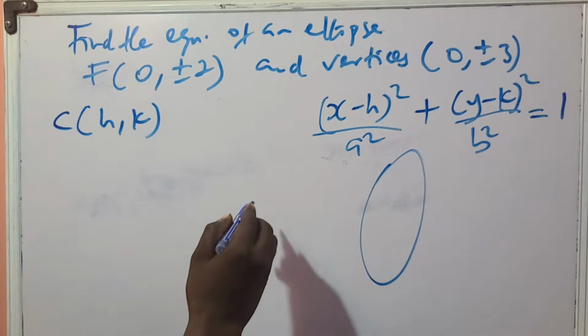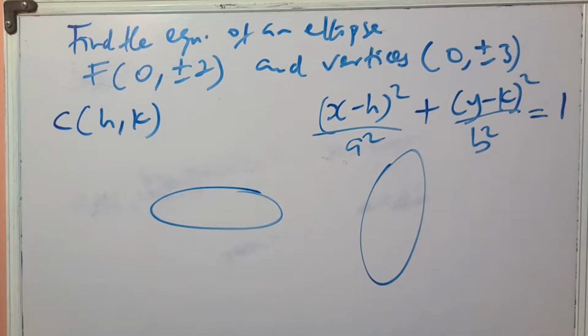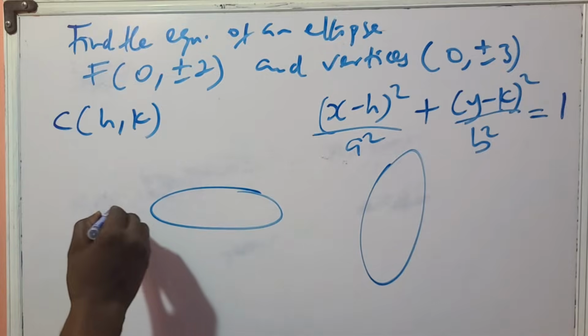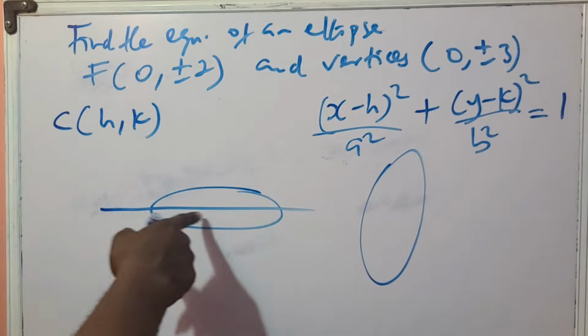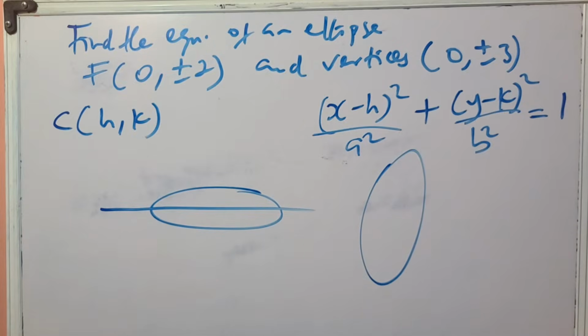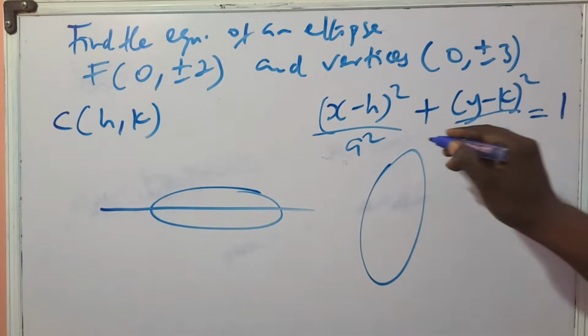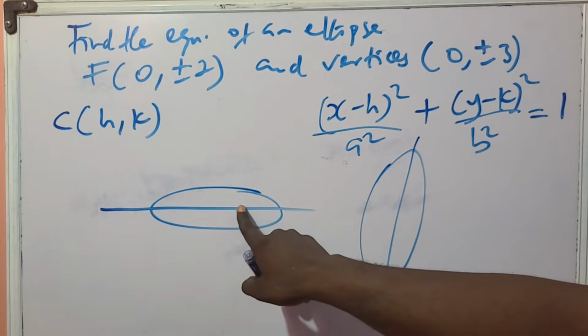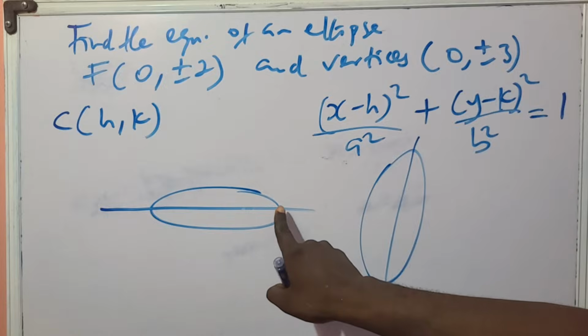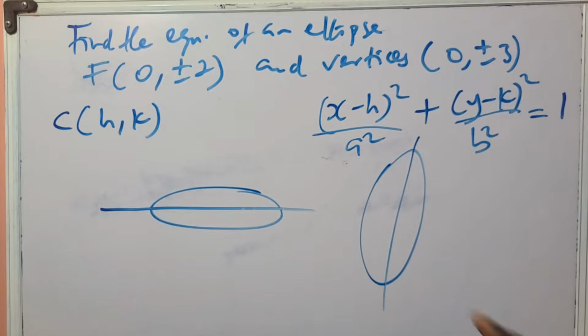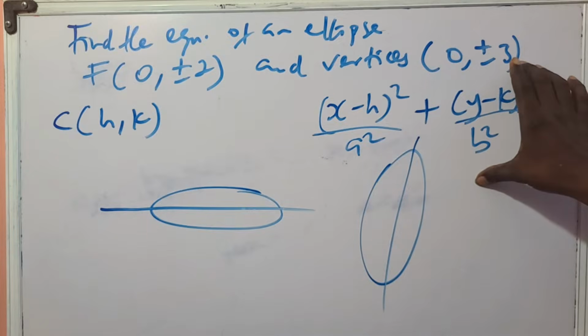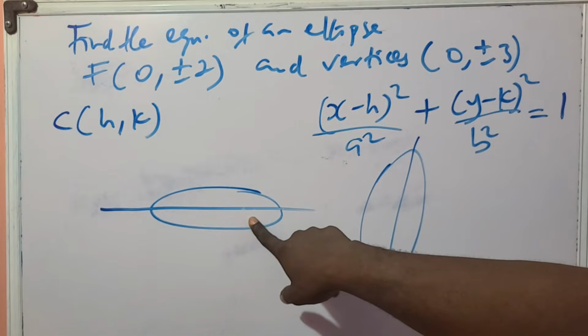You can have an ellipse like this. Of course, you can see right here that this type of ellipse infers that you had your vertex, your longer side, on the x-plane. So the equation I had here is a perfect example of this kind of ellipse.